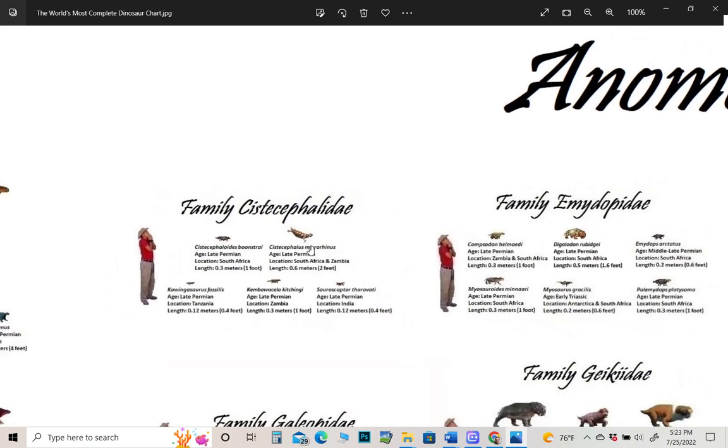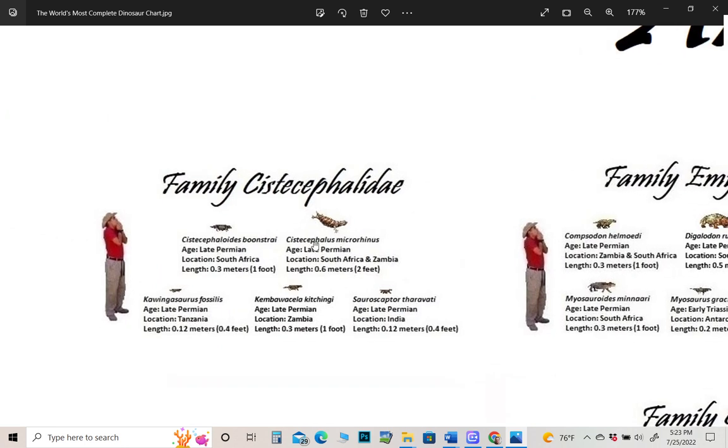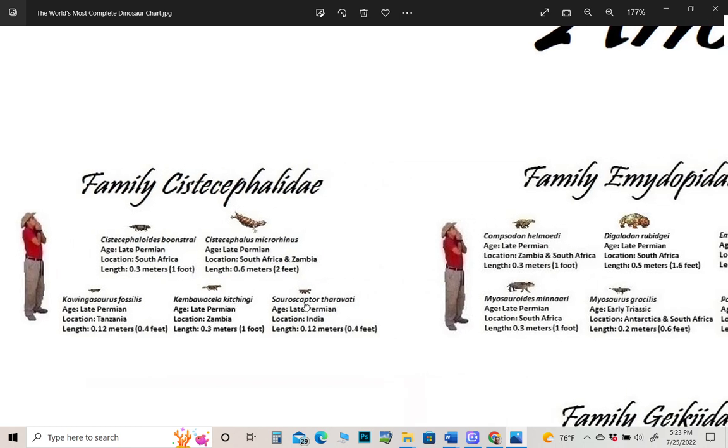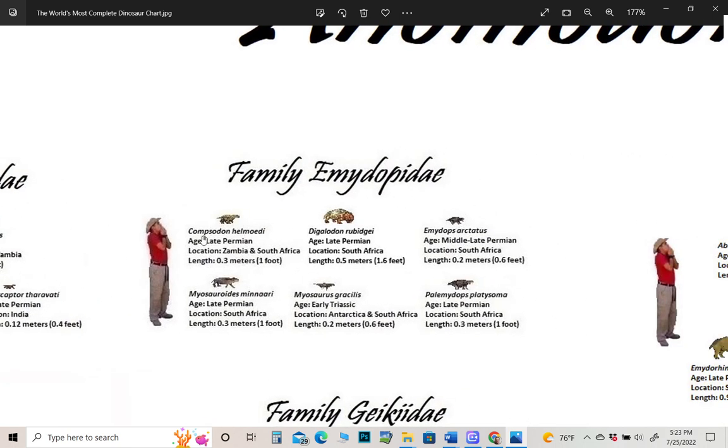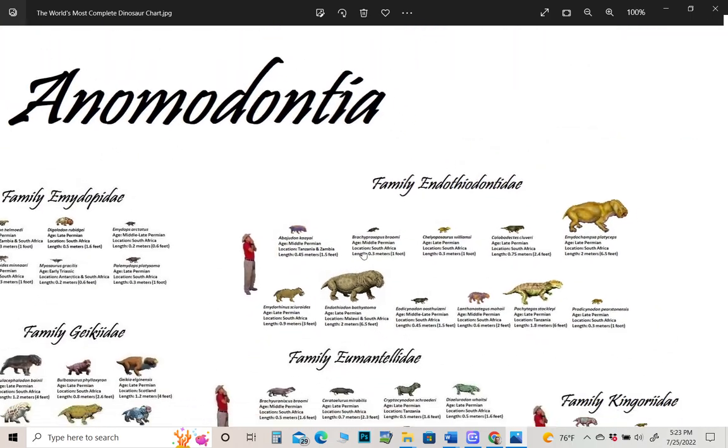All right, starting with the Anomodonts. Cystocephalids, Cystocephaloids, Cystocephalus, Coingosaurus, Chembowacella, Sauroscaptor. Emidopsids: Compsodon, Diglodon, Emidops. Myosauroids: Myosaurus, Pelmidops. And let's see here.